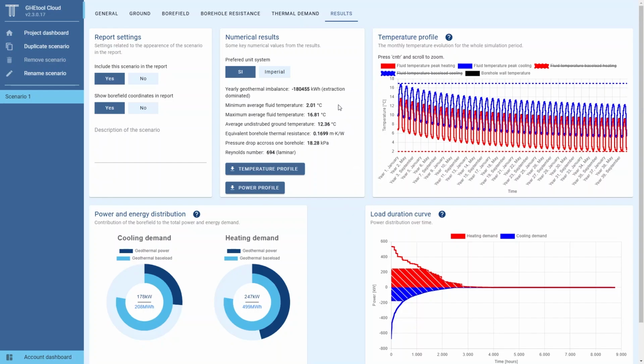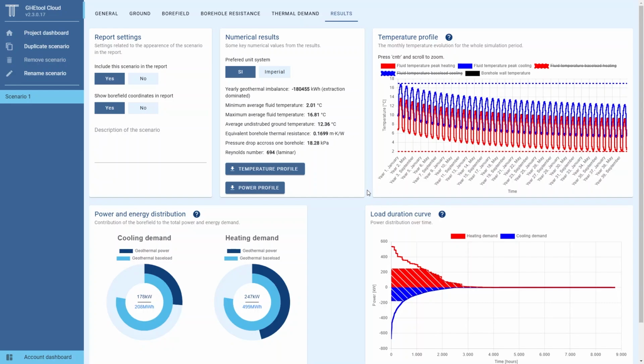First of all, we have our numerical results, as we know before, with a specific geothermal imbalance, as you can also see on the figure on the right. And we see that our borefield is indeed limited by both the maximum and the minimum temperature, so it has no more potential for power. It only has some potential left for energy.